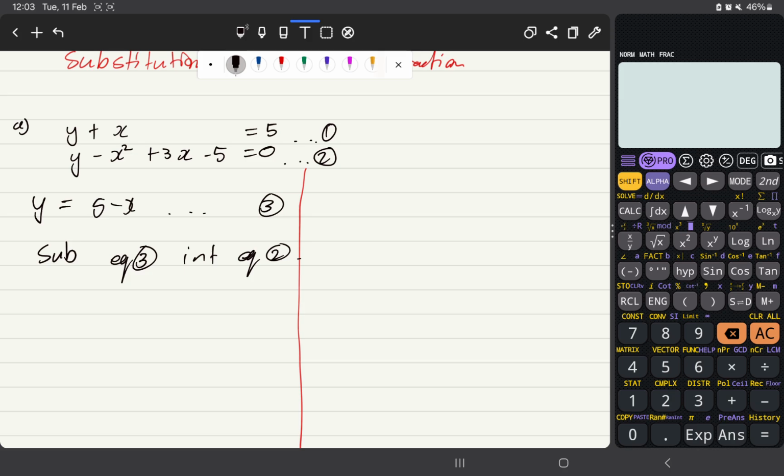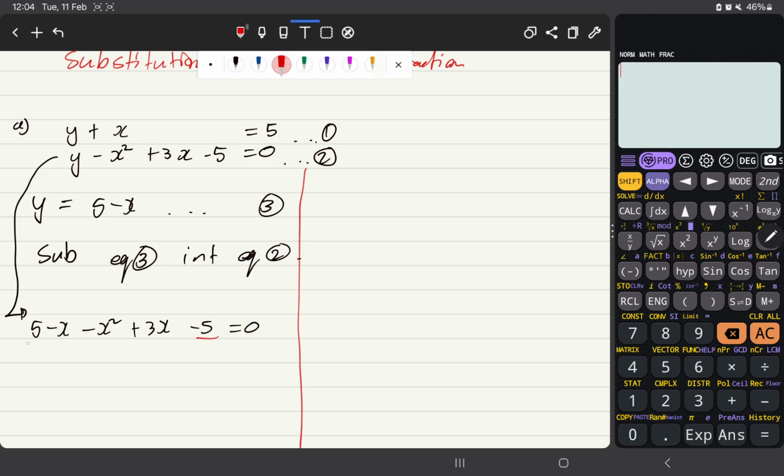Now if I substitute equation 3 into 2, let me make an arrow, I'm going to have (5 minus x) squared plus 3x minus 5, and this equals 0.